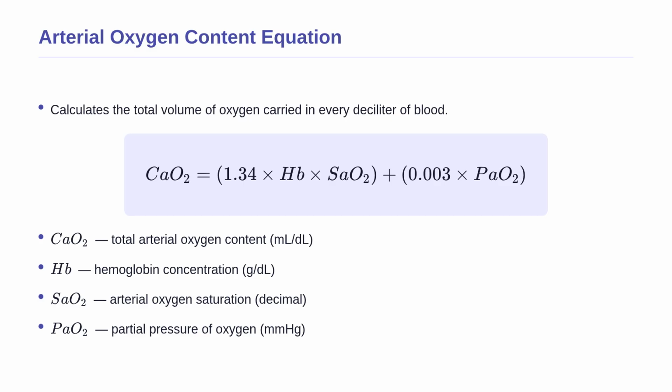The constant 1.34 is the oxygen carried by 1 gram of saturated hemoglobin. SaO2 is the oxygen saturation percentage, written as a decimal. Finally, 0.003 is the solubility coefficient, multiplied by PaO2, the partial pressure of oxygen. If hemoglobin increases, total oxygen rises massively, while changes in partial pressure have a much smaller effect.